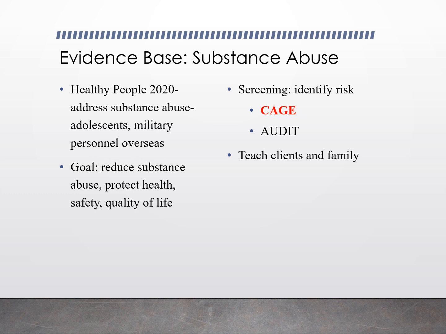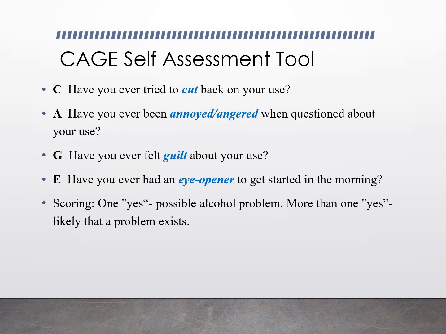So there are some simple tools that you can use, and one of them is CAGE. And we use this when we're very frequently talking about alcohol use and things like that. This CAGE self-assessment tool is: have you ever cut back on your use? Have you ever been annoyed or angered when somebody is questioning you? Have you ever felt guilt about your use? Have you ever had an eye opener to get started in the morning?